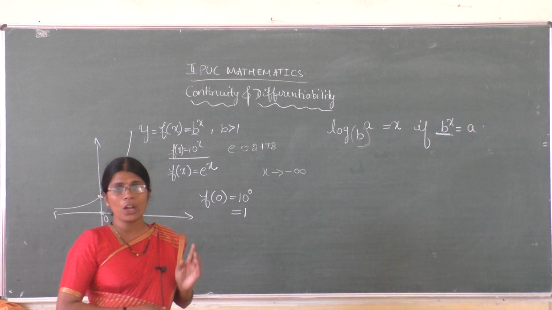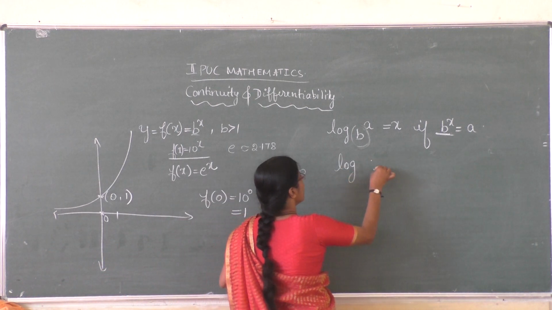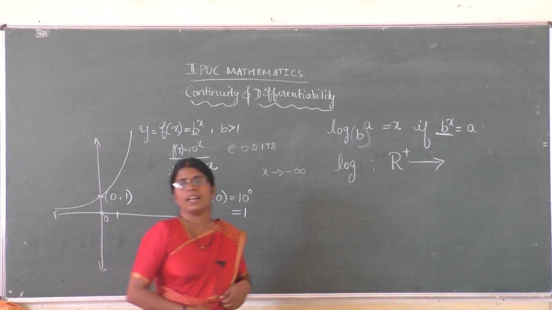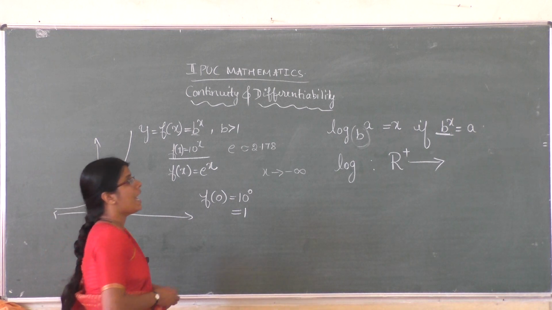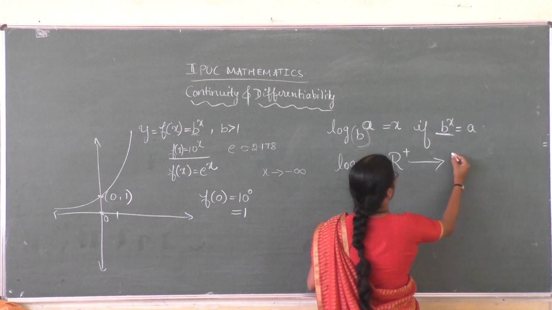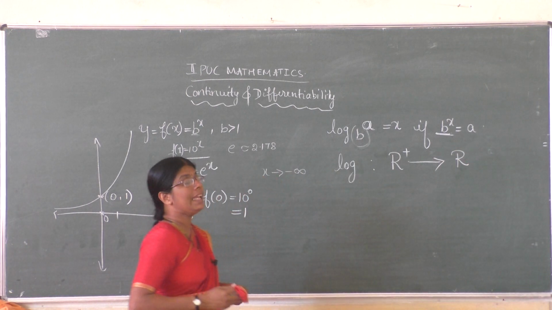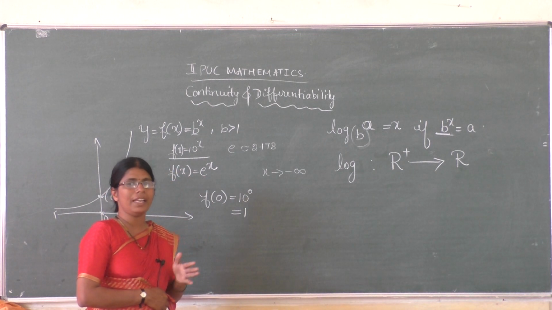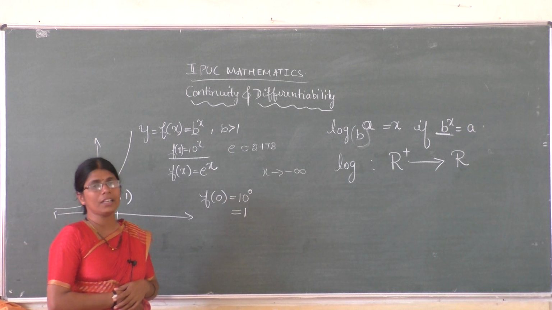That means the log function is a function from R plus, that is, the domain is the set of all positive real numbers, and the range is nothing but real numbers. x is any real number, so the range is R. This is about the logarithmic function.